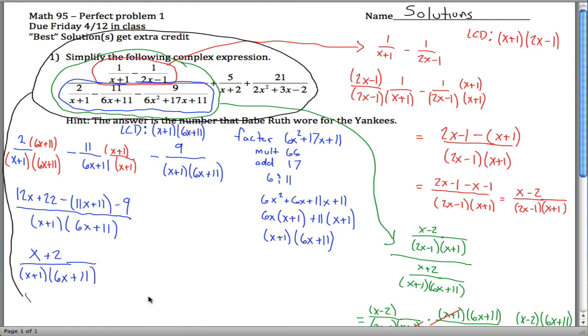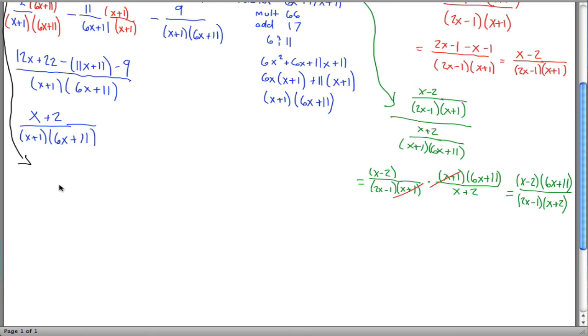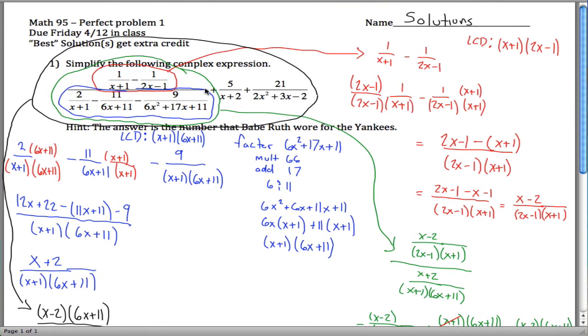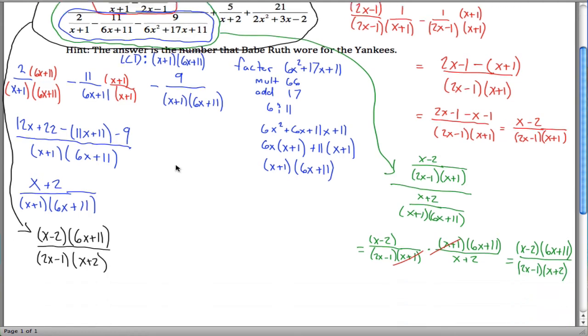Okay, so start with our green answer, which was x minus 2 times 6x plus 11 divided by 2x minus 1 times x plus 2. And to that we want to add, remember that's just this green stuff, 5 over x plus 2.